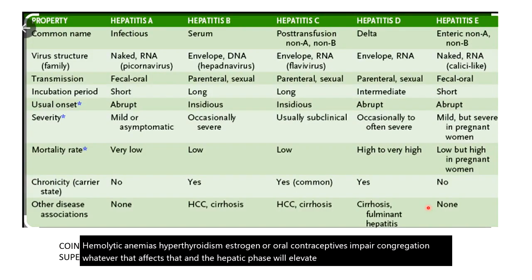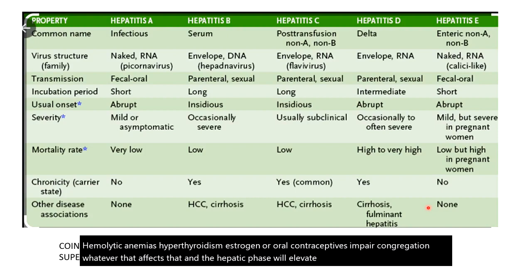We have different types of hepatitis. Hepatitis A and E are transmitted through the fecal-oral route. Hepatitis B, C, and D are transmitted through sexual activity and also through blood or some secretions, parenteral.